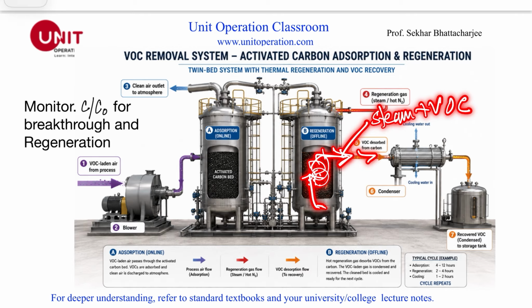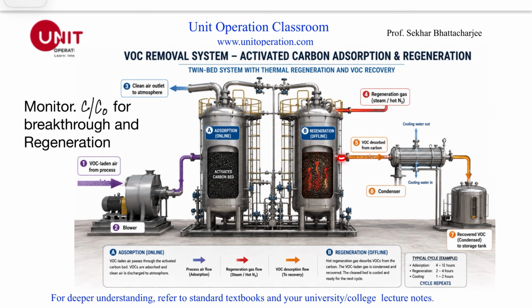So this absorbed VOC plus steam comes out, and then there's a condenser here, and they're condensed, and we get the VOC here in the liquid state. This is now probably sent to some kind of an incinerator, or if it can be reused, it can be reused, etc.